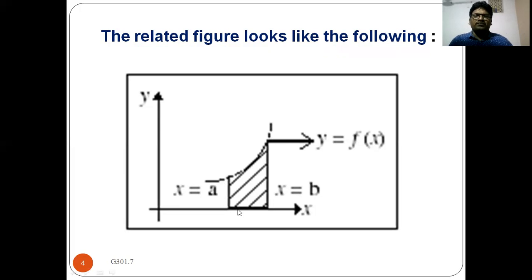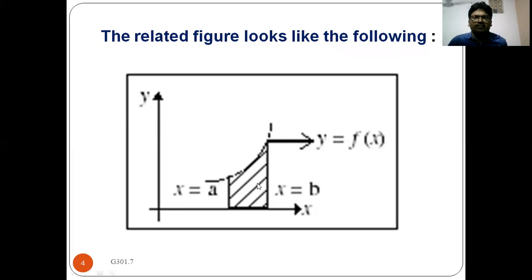Now you want to find the region within the limits x equal to a, x equal to b under the curve. So this is the region we want to calculate.